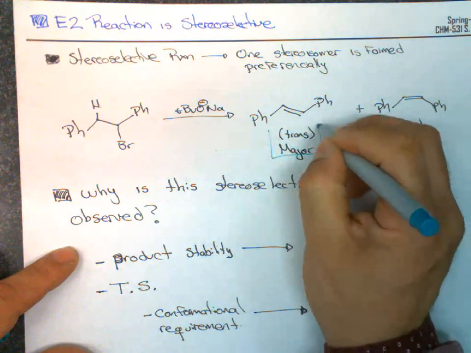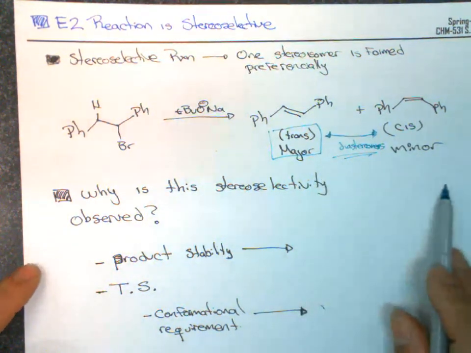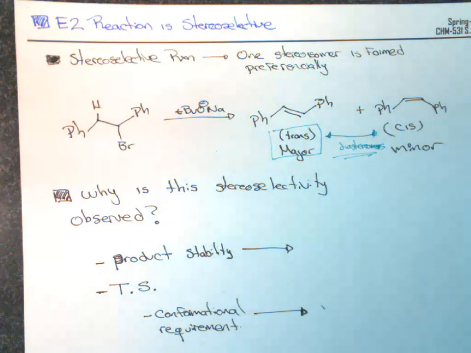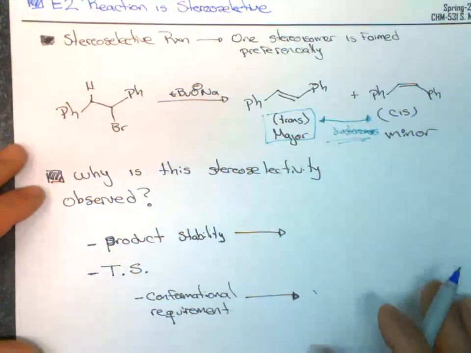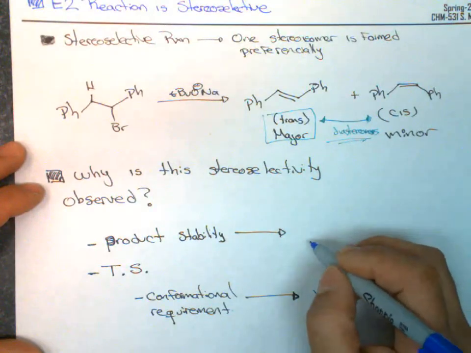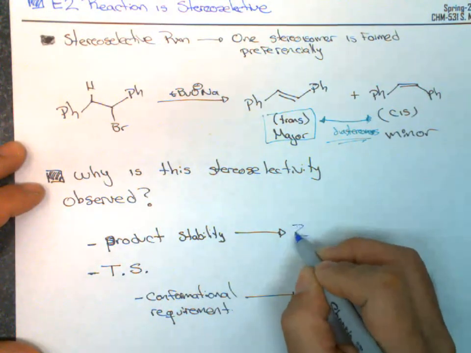Now, why is it that the trans is the major and the cis is the minor? We have a number of factors that contribute to that observation. This is an empirical observation, and this has been found to be the case in all E2 eliminations, and it has to do with a number of factors. Of course, you know at this time that product stability is a big factor.